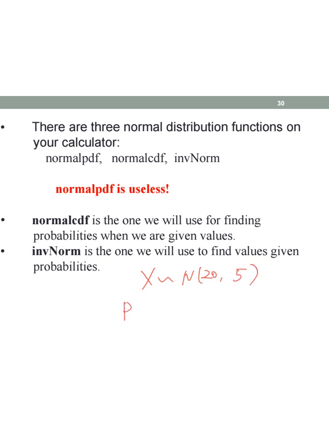Now I want to find the probability for x between 16 and 22. How to find this probability? There is a function in the calculator. If you have a calculator with you, turn it on and you can follow me. I will show you a function. Could you see my calculator?